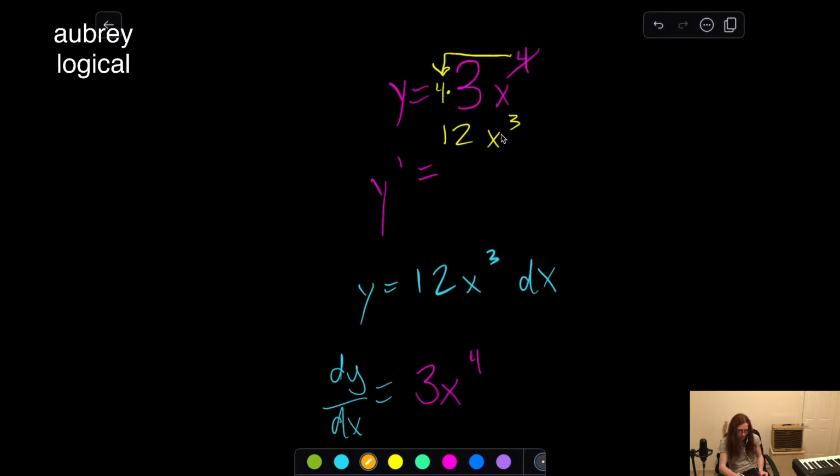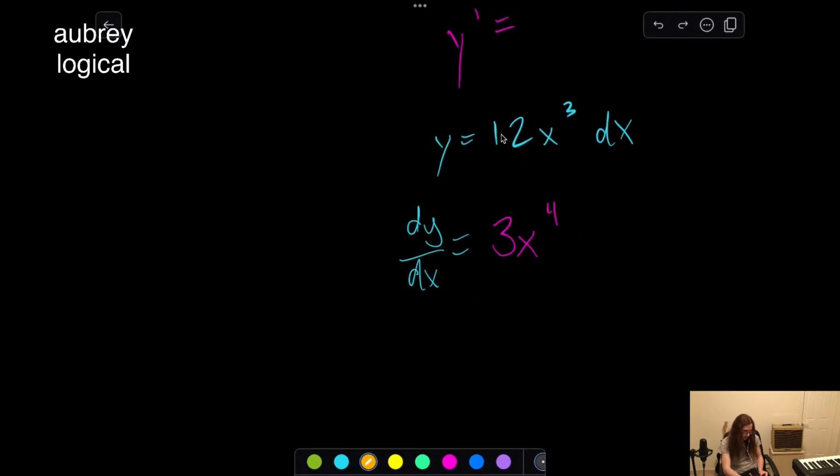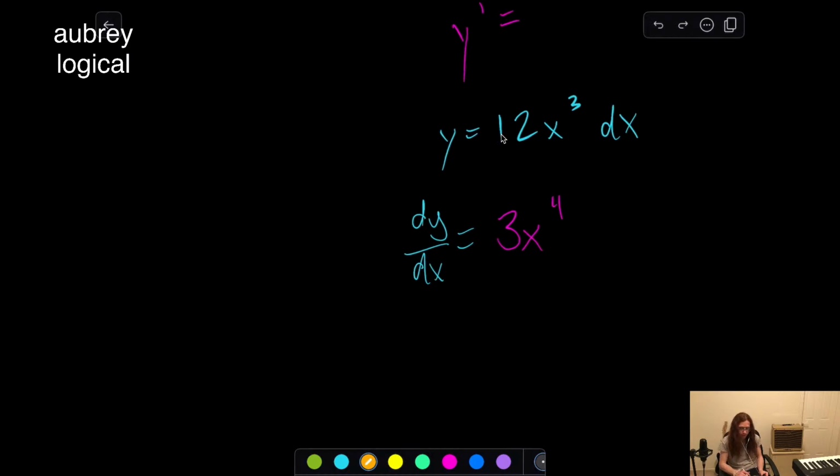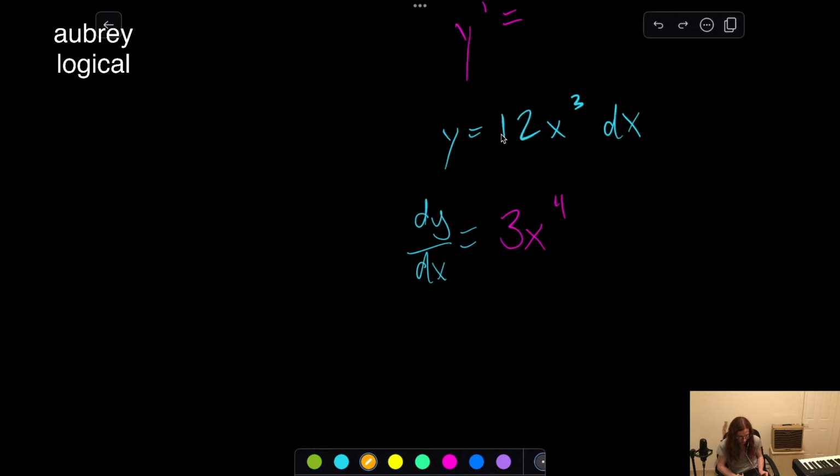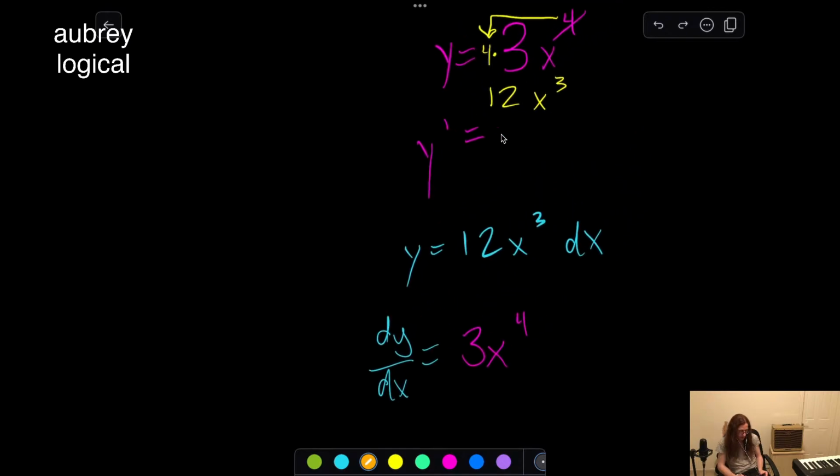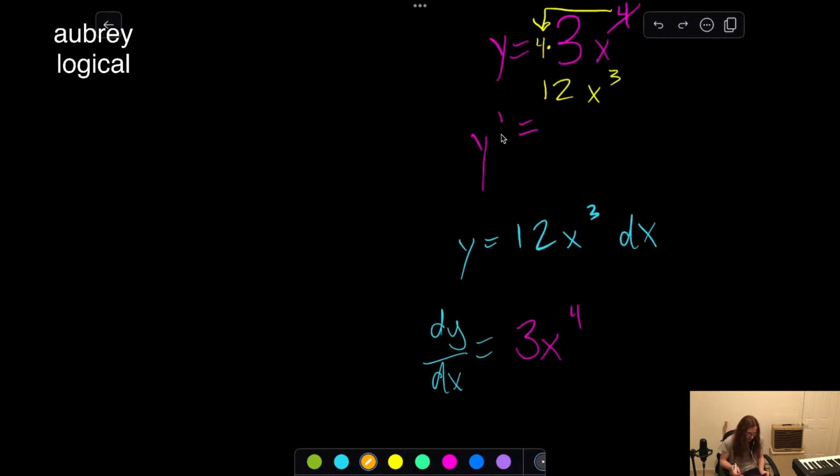Instead of taking a number away from the exponent, you add a number to the exponent. And instead of bringing it forward and timesing by it, you would divide by the new number, which would be 4. So 12 divided by 4 would become 3. That's a really simple example. It's pretty cool.